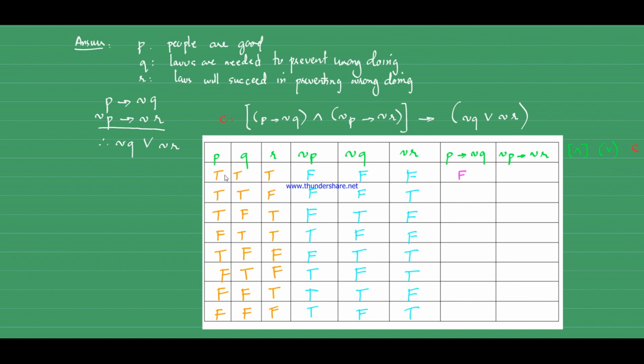This is 4. This is 2, because did not pass the course, did not get the watch. This is also 2. This is 2 because did not pass the course, but promise still kept. This is 2.